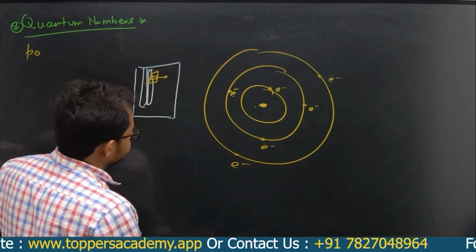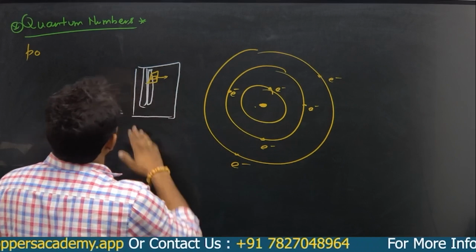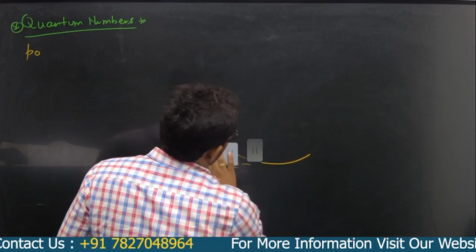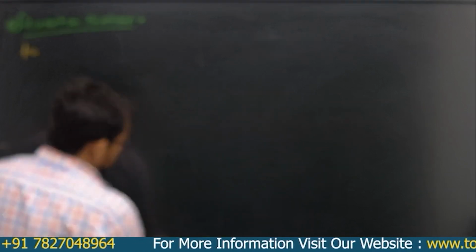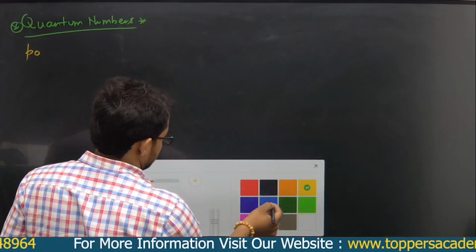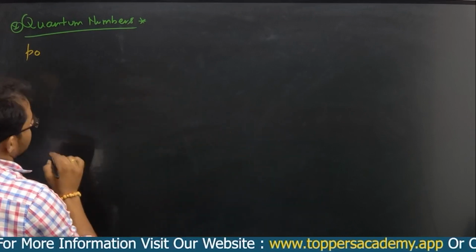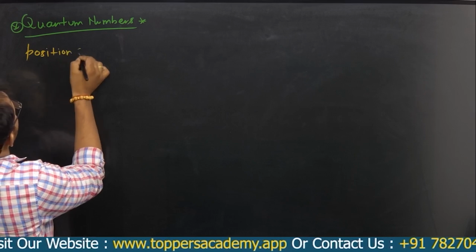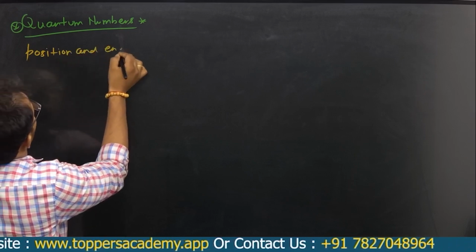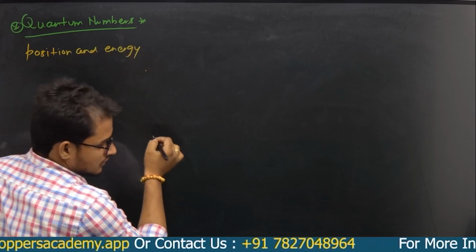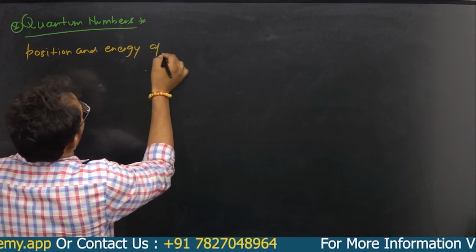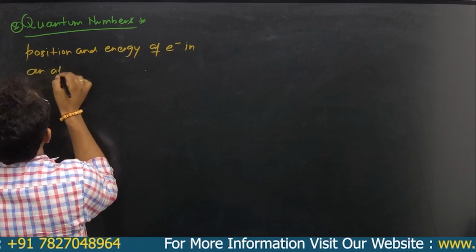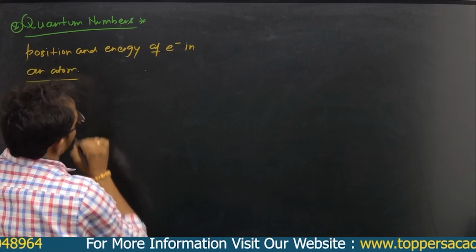So see, quantum numbers tell about the position and energy of an electron in an atom.